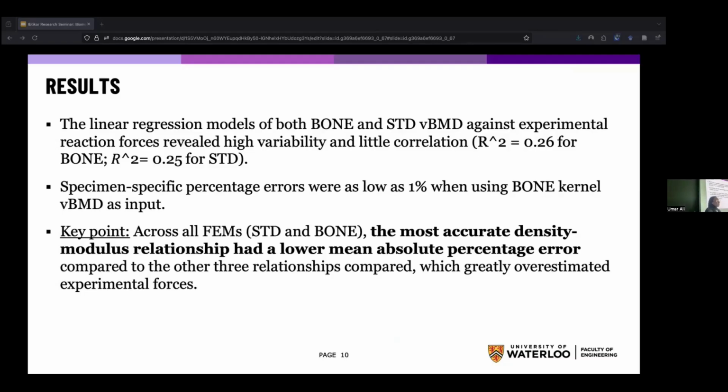This means that when we try to see if VBMD is able to predict the reaction force demonstrated in the experimental validation data, it's not that great, because we have R-squared values of 0.26 and 0.25. So we move on and use our density-modulus relationships to see if they can accurately represent that. We saw back here that relationships 1 to 3 were not the best, but relationship 4 showed much lower percentage errors.